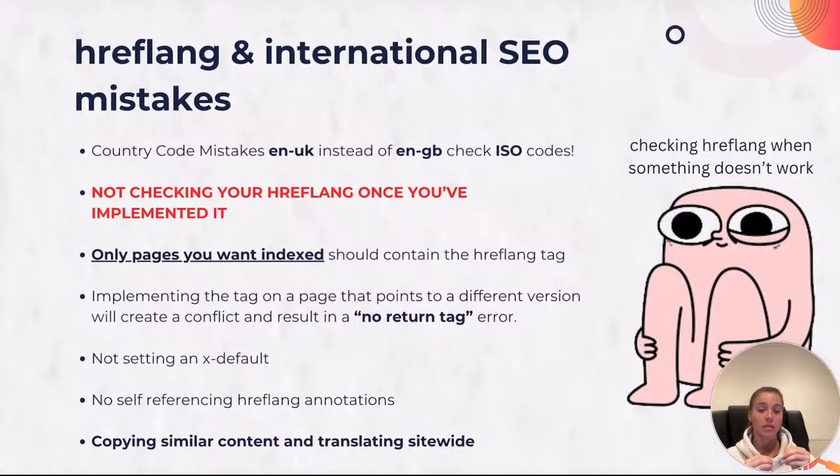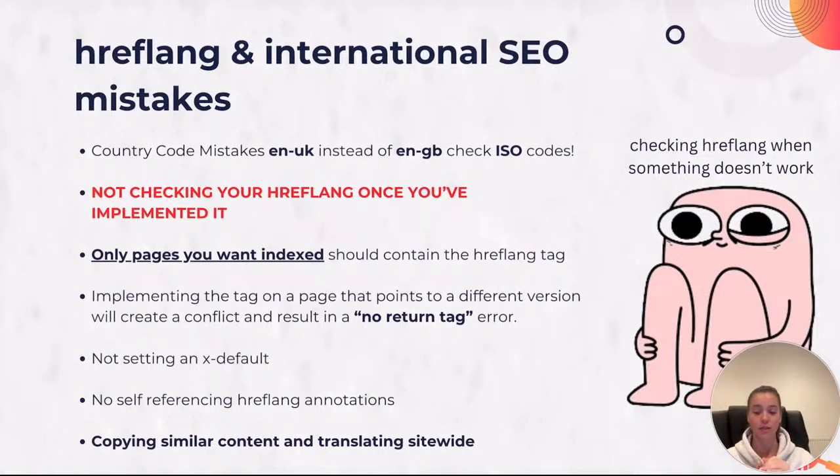So what this means is every single variation has to reference itself, its x-default, and its sister or brother, so its variation in language. So now you can see how it gets a little bit complicated and how it's quite easy to get it wrong, because there's a lot of back and forth, a lot of tagging from its original version to its sister country or all the countries.